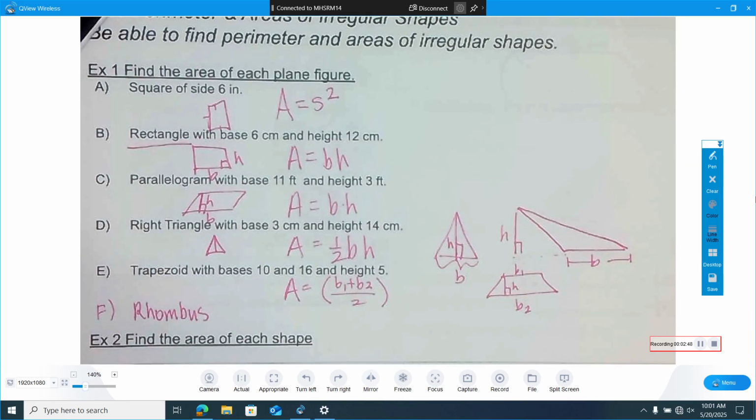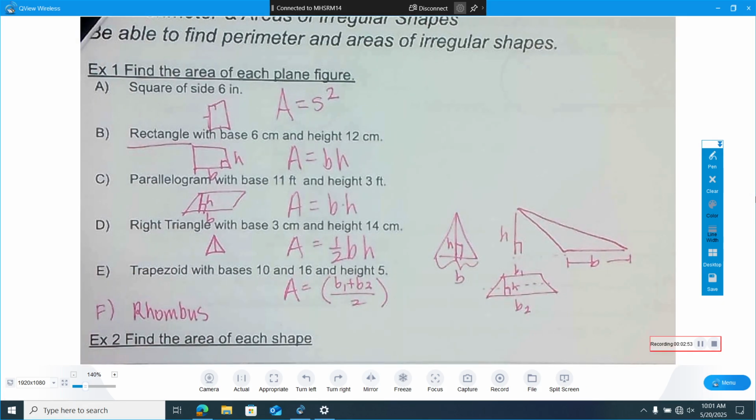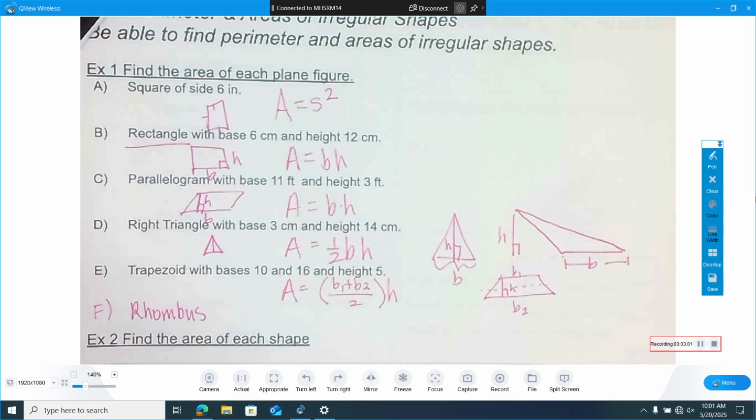We add, finding the average base, the one in between the short one and the long one. Then, just like base times height, we multiply by height. So really it's the average of the bases times the height.